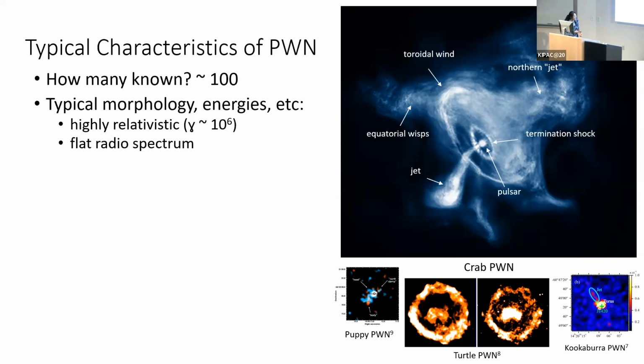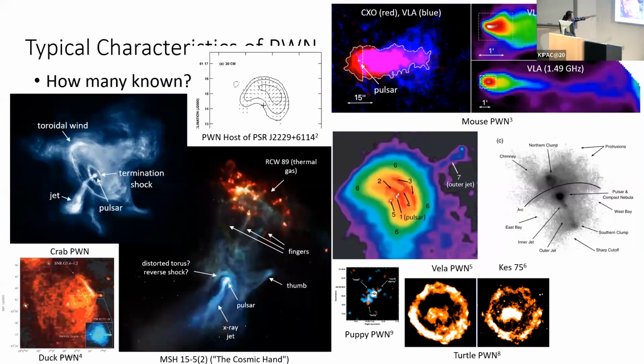And in some cases, for example in this Duck PWN, you can see that the pulsar has actually penetrated the boundary of the PWN and has moved out. So it depends on how old the system is, but it really varies.